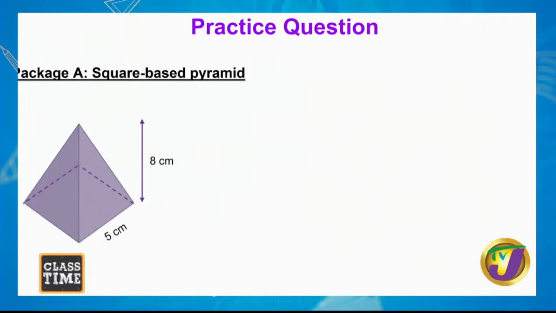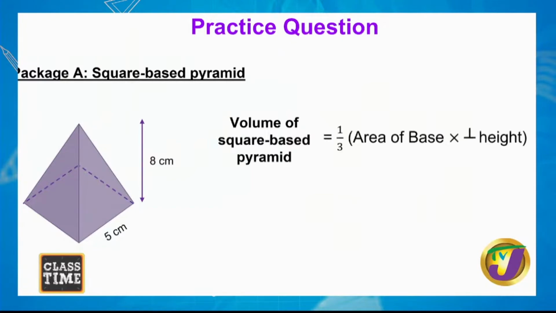We will look at the capacity of each package and then we will see. Here we have a square-based pyramid and we need to find the capacity. Since we're assuming the cereal will be full to capacity, we use the word volume. The volume of the square-based pyramid is 1/3 times the area of the base multiplied by its perpendicular height.